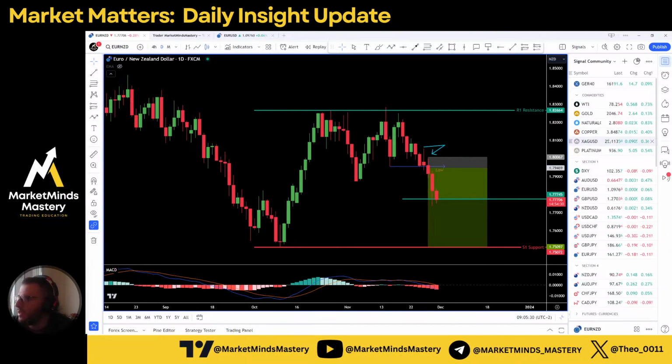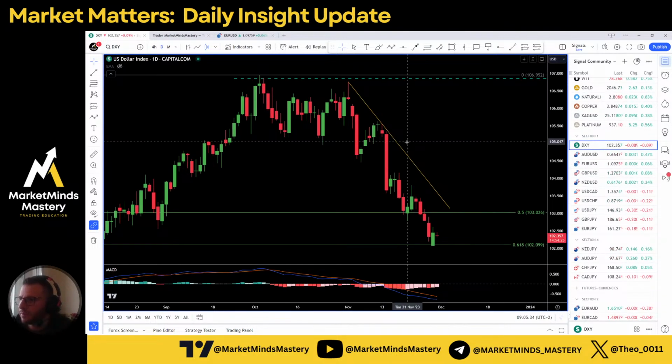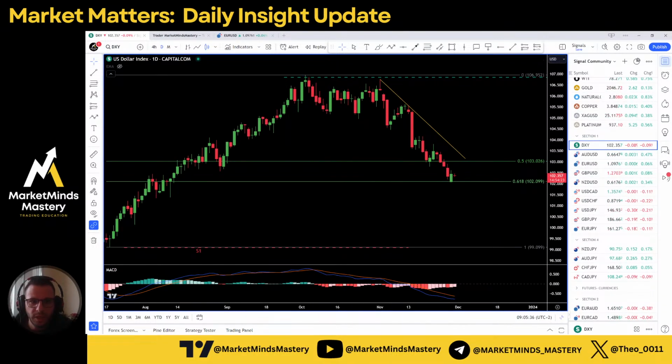So let's start with the dollar index as usual. Guys, we said that yesterday the price on the dollar index tested the 61.8 fib level, and we expect to see some reaction after that.